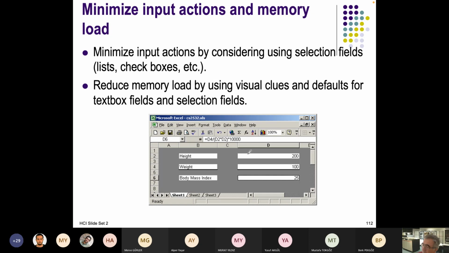Try to make selection fields, lists, checkboxes, then reduce the memory load using visual clues and defaults for text box fields and selection fields. So having these default values allows you to enter correct values.